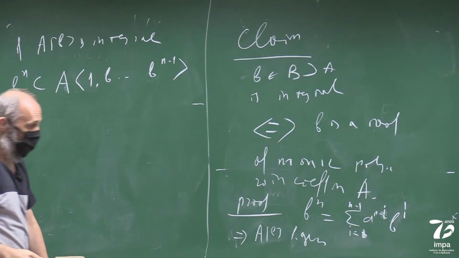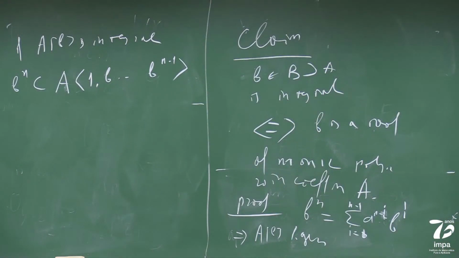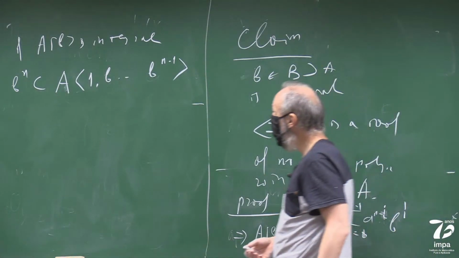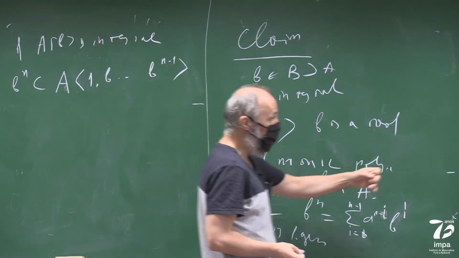We don't use Noetherianity, but it still stabilizes because by definition it has to stabilize. Otherwise, it would be infinitely generated.